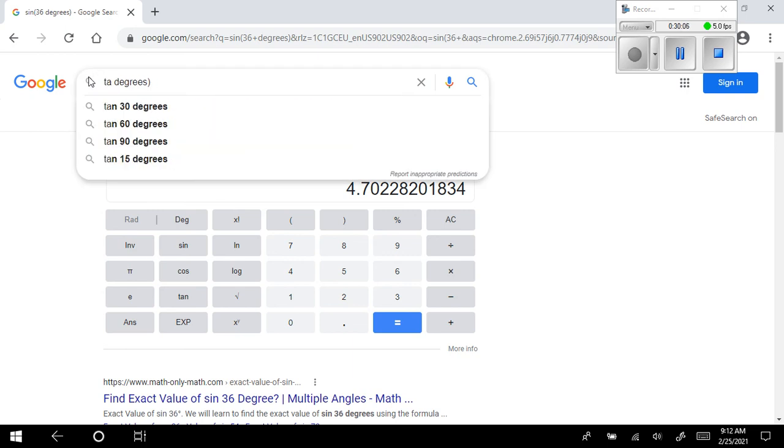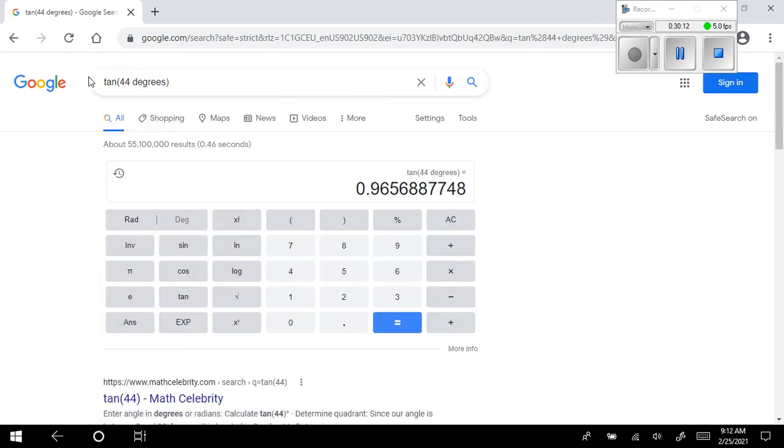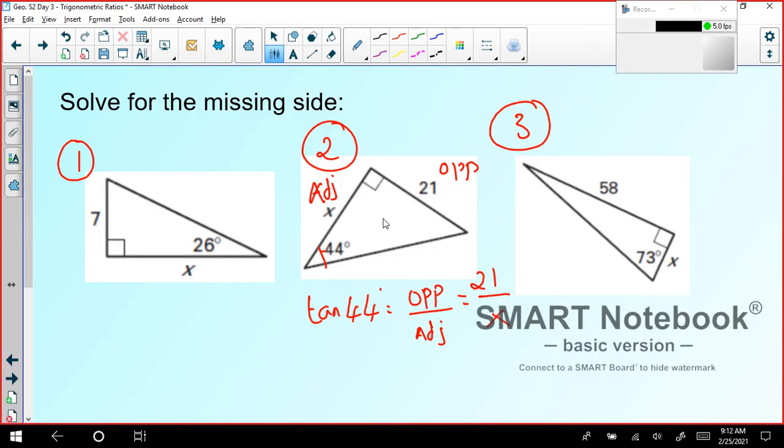Tan of 44 degrees is nothing but 0.966. So I get here 0.966 equals 21 over x.